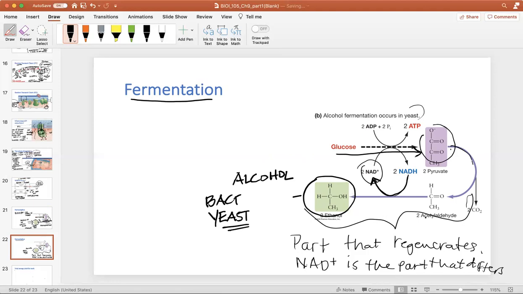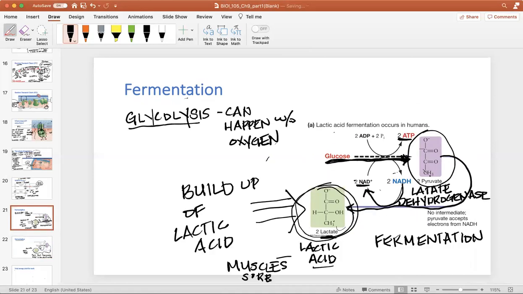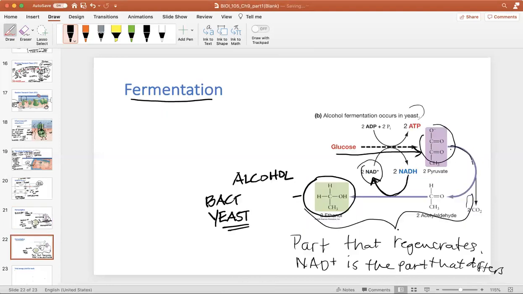The difference between this fermentation and the one that happens in your muscles is simply the part that regenerates the NAD+. So you can see that in this version, we're taking pyruvate and we're going through a different series of enzymatic reactions to get a very different end product, ethanol.